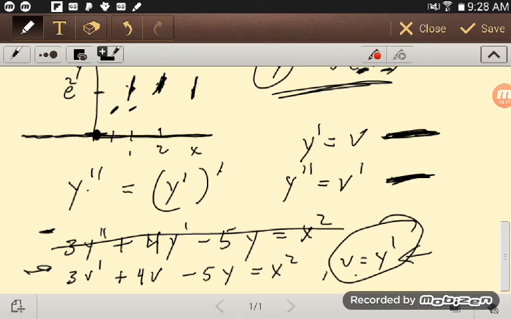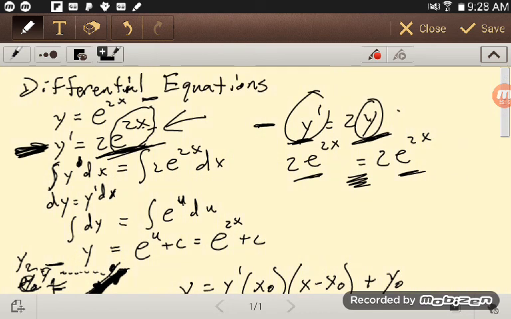We're recognizing that we can state these relationships, and we have this vocabulary where we can state those relationships a little differently than we used to, and that's going to be helpful because it may be easier to notice this relationship where y prime is 2y than it is to notice this relationship that y prime is 2e to the 2x, or vice versa, something like y equals e to the 2x.